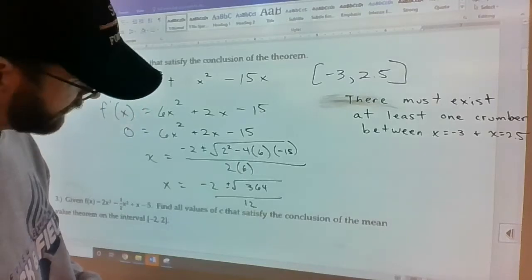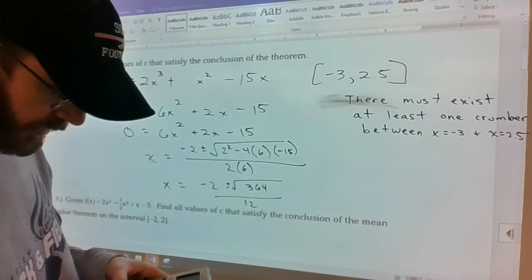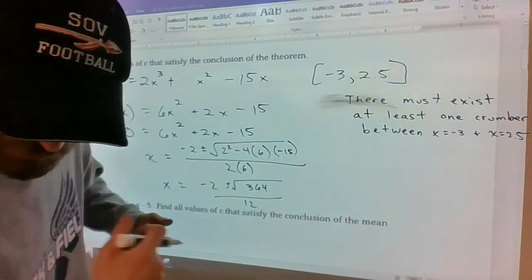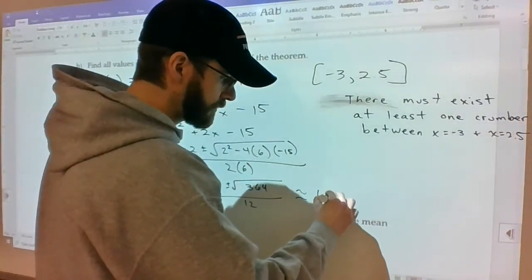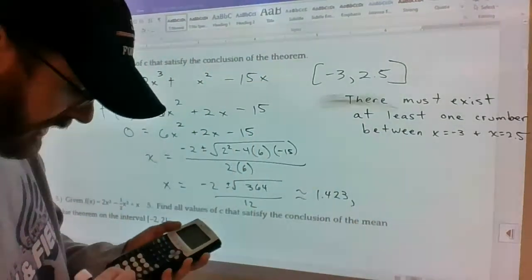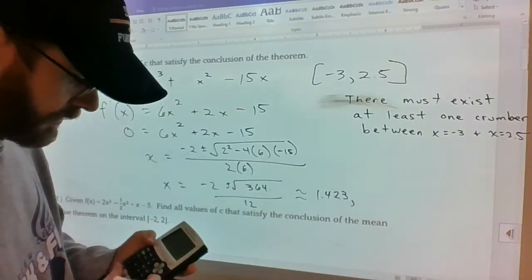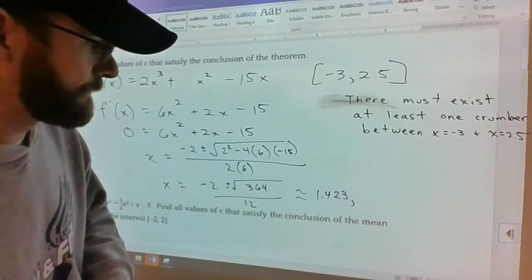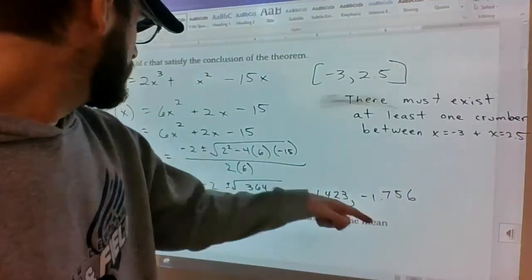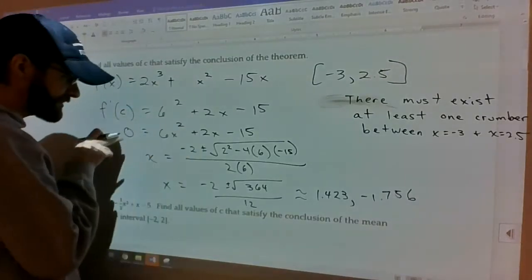And if memory serves me correctly, 364 is not a perfect square. So I'm just going to run the numbers here. The addition yields 1.423. The subtraction yields -1.756. Both of those values are the c values they're talking about. F prime of c equals 0.